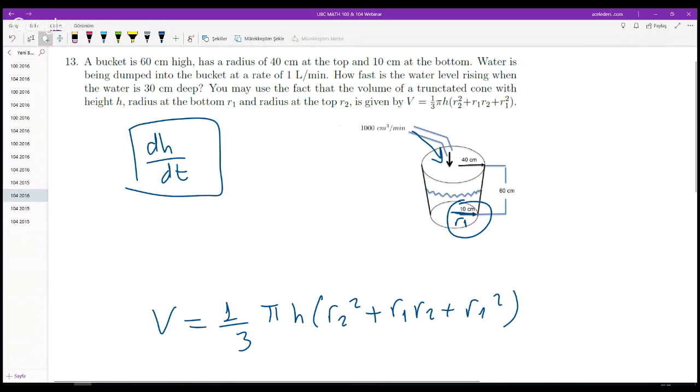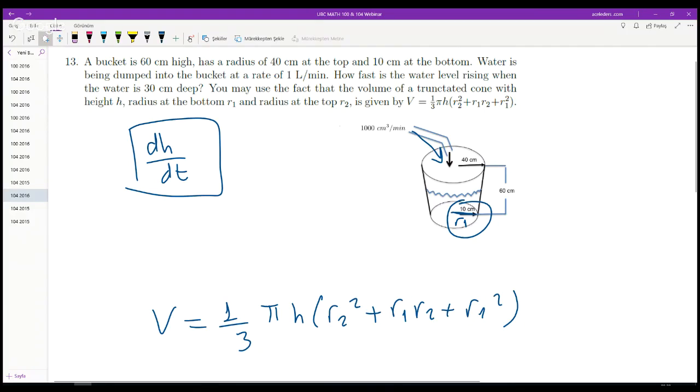right? So R2 being 40 is just one point. When the bucket is full, R2 is 40. But in the rest, R2 is all changing. Do you understand that? This is the key to this question. This question is very hard just because of that.